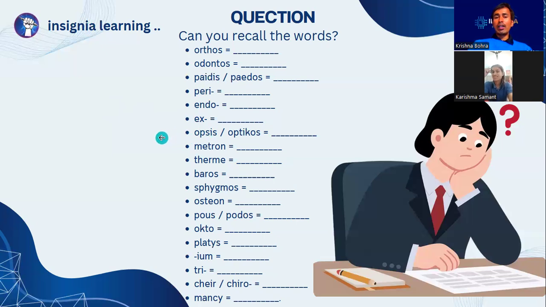Can you tell what office or obtuse means? Okay, forget office. This one: can you tell what metron means? Metron, like barometer, thermometer.